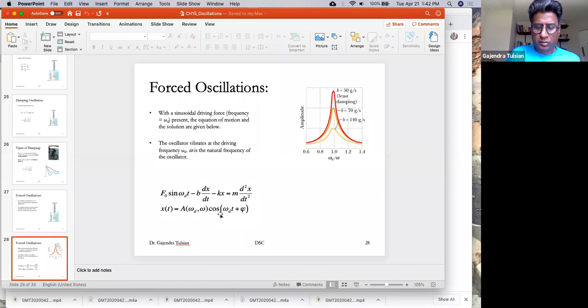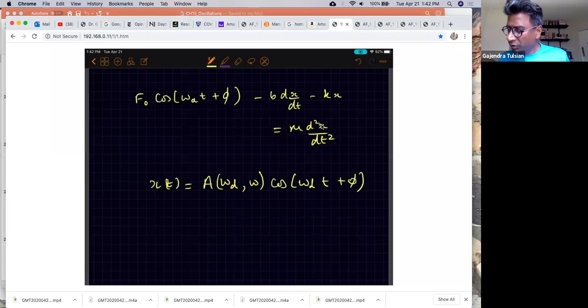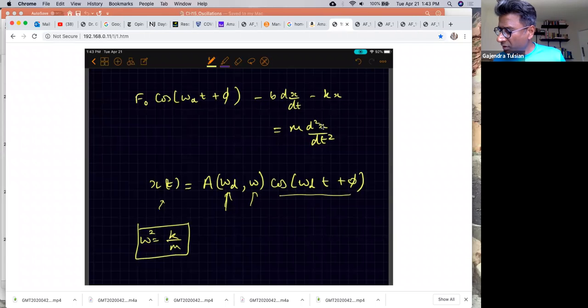Our solution has the driving frequency, and this is the natural frequency of oscillation, which was the square root of k over m. And this was the forcing frequency. So the system is oscillating at the force frequency.